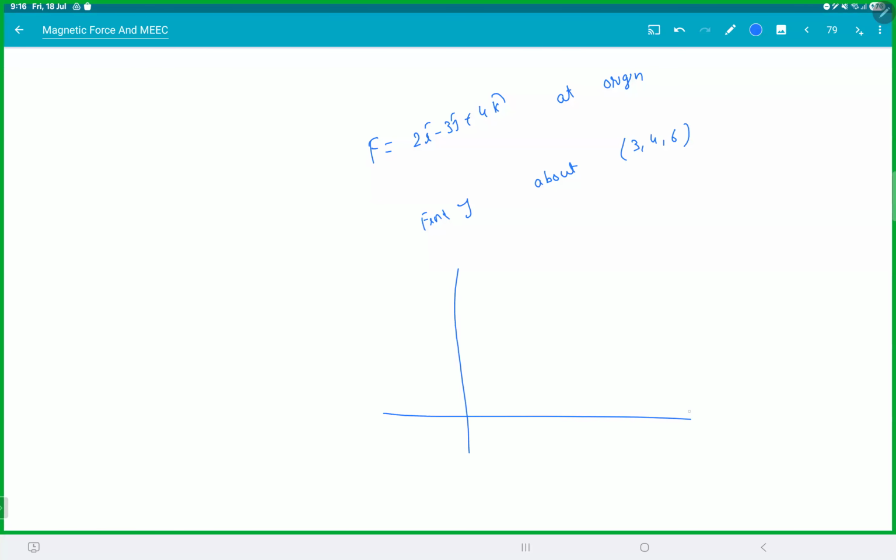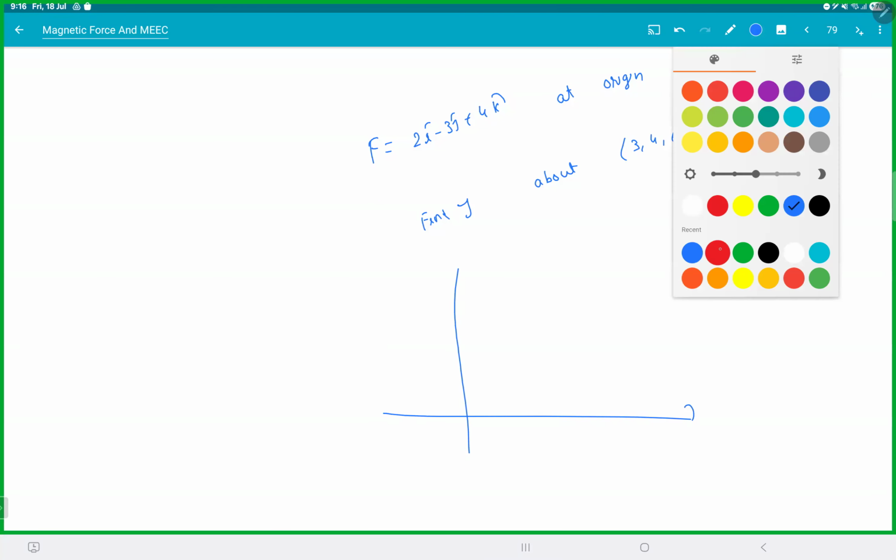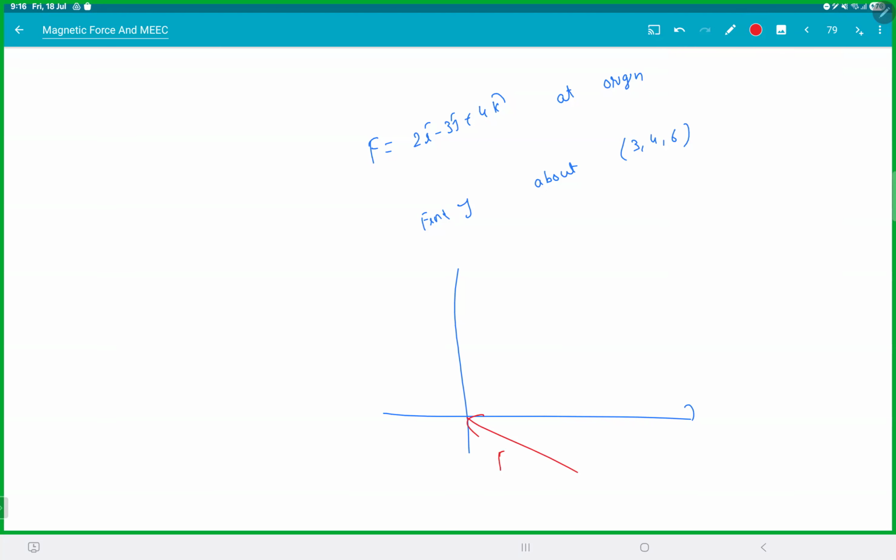What is R bar? Here the force is acting at the origin. Your 3, 4, 6 is your axis. So R bar is a vector from the axis to the point where the force is applied, isn't it? So here R bar will be minus 3i minus 4j minus 6k. R bar is not the position vector.